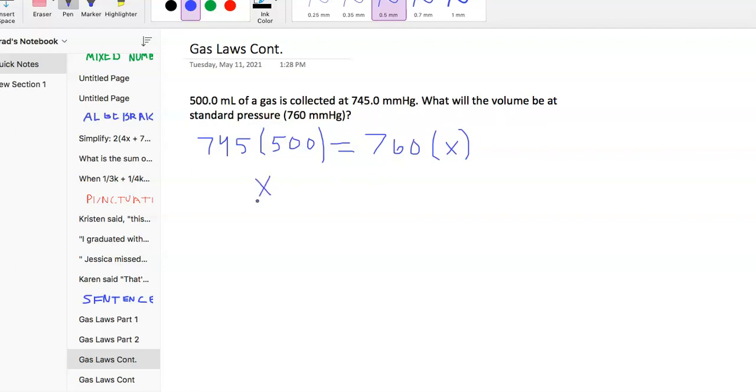Once we've done all of that, we're left with X is 490.1 milliliters. That's all you really have to do. And we got one more for you.